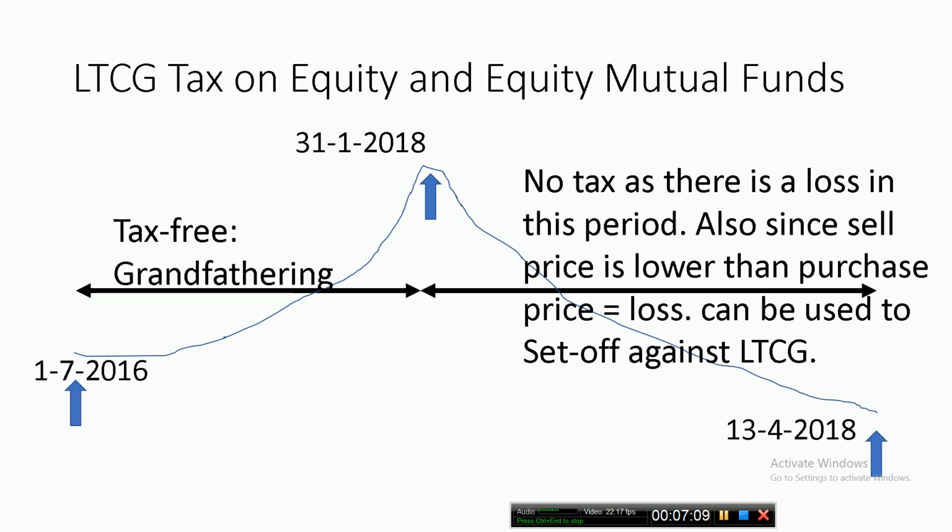You don't need to do it by hand. There are 2 options. One is you can get a capital gain statement from the mutual fund house, but such a statement will tell you about loss or gain only after you make the redemption. I have a calculator. The link is given in the description box below. You can use that calculator and estimate the LTCG or the LTCL, the loss, before you actually make the redemption.